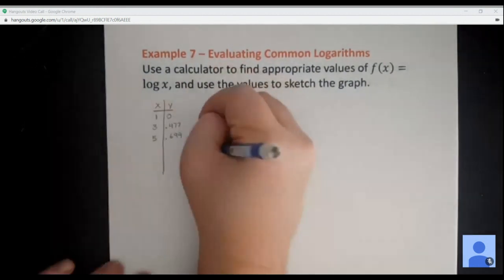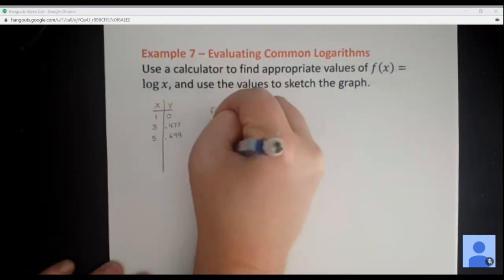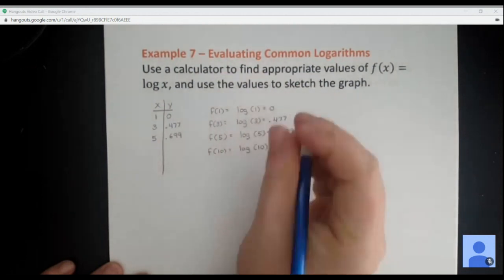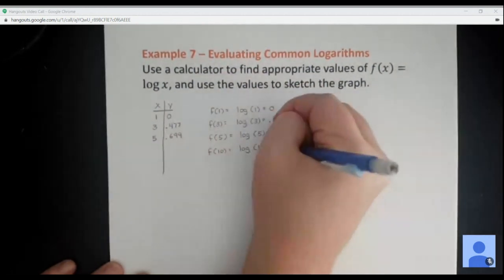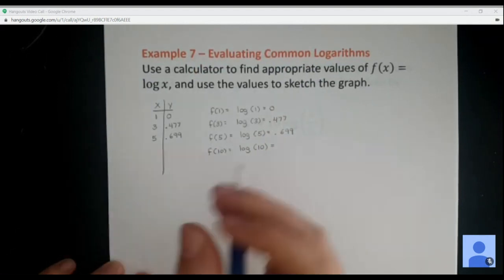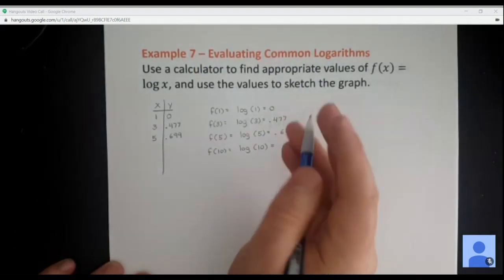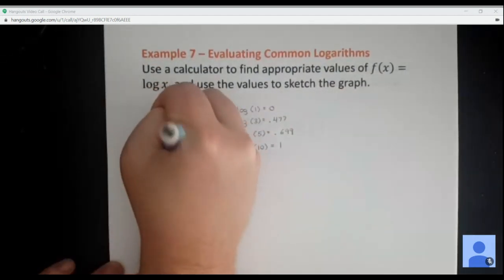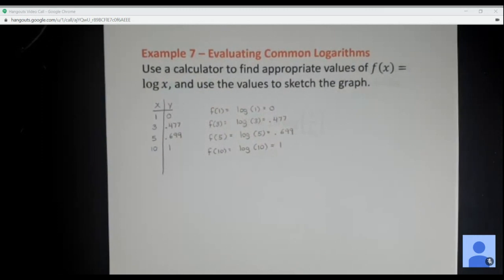What would be a value that I could figure out by hand without even needing my calculator? 10, right? Because if I find f of 10, I'm taking the common log of 10, which is a base 10 log of 10. What should that be equal to? 1, right? Because 10 to the first power would give me 10. And so now I have (10, 1) as another point.